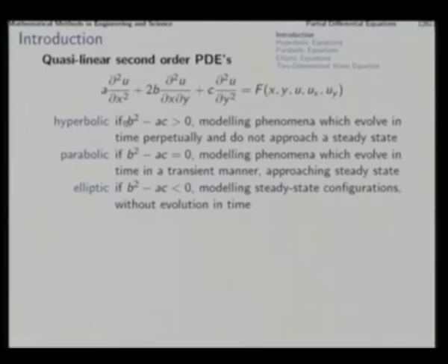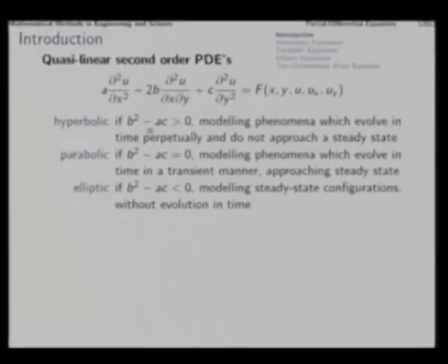On the other hand, if b square is greater than ac, that is, this term is more compared to ac, then you have the equation of a hyperbola. If b square is less than ac, then you have an ellipse. So, in analogy with the classification of conic sections in the xy plane, we classify these partial differential equations into hyperbolic, parabolic and elliptic classes.